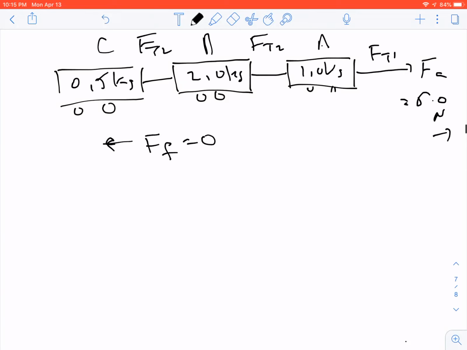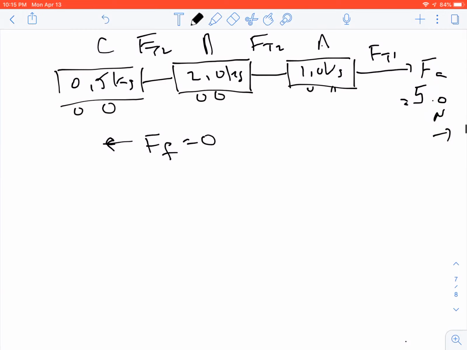Okay, so let's look at the overall, the big picture. So here's the person over here who's going to be doing the pulling with 5 newtons. That's a 5, not a 6. And that person's pulling the entire toy.